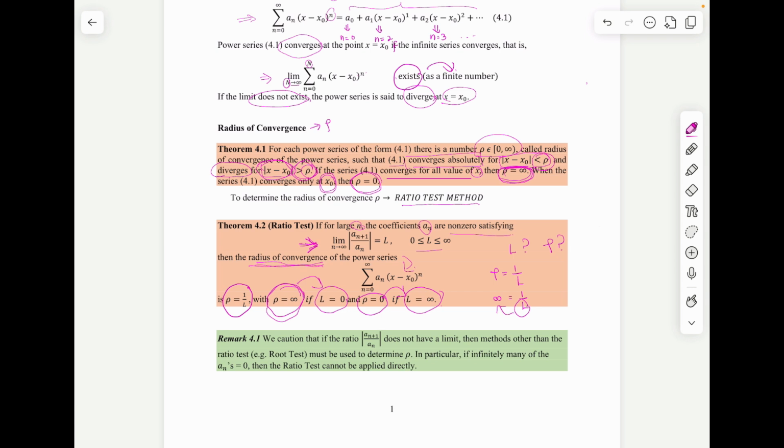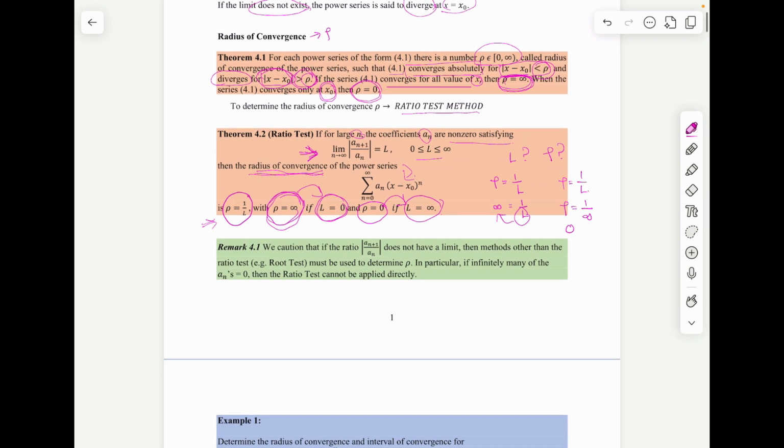So if rho equals infinity, then L equals 0. The same thing, rho equals 0 if L equals infinity, since 1 over infinity gives rho equal to 0. So that is what is meant by this statement.